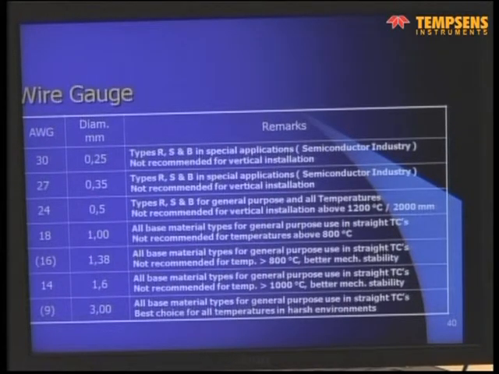If you have a 2 meter long noble metal thermocouple, for example, to measure the upper temperature in the boiler house, typically the elements are 1750 millimeters long, sometimes longer. At least you need a thermocouple wire of 0.5 millimeter for noble metal and 1.6 millimeter for non-noble metal thermocouples.